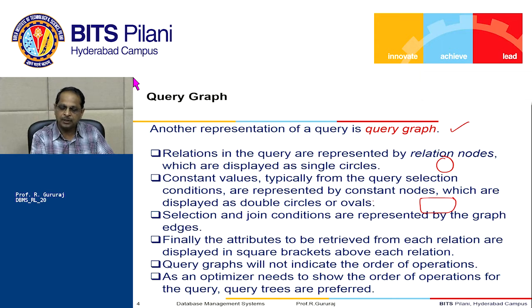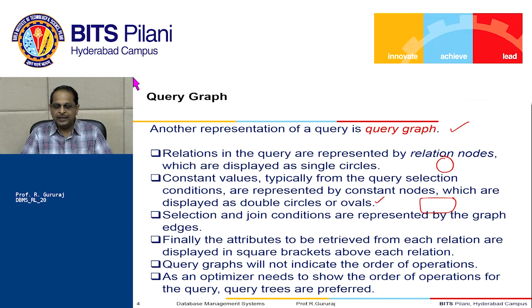All these representations are valid for constant nodes. Selection and join conditions, that is the algebraic operations like join and selection, are represented by the graph edges between the nodes. Finally, the attributes to be retrieved from each relation are displayed in square brackets exactly above the corresponding relation.